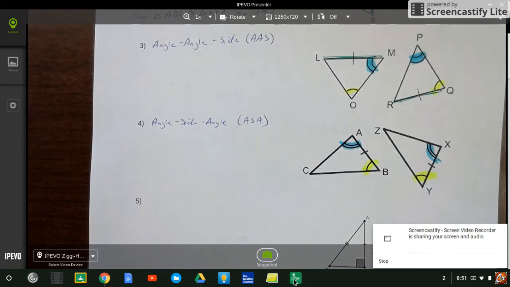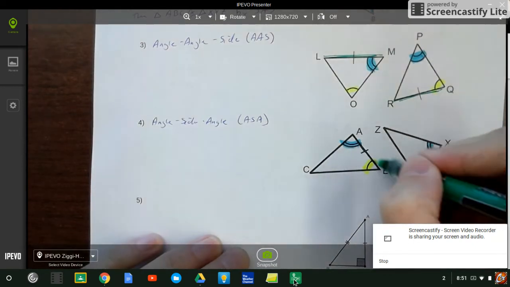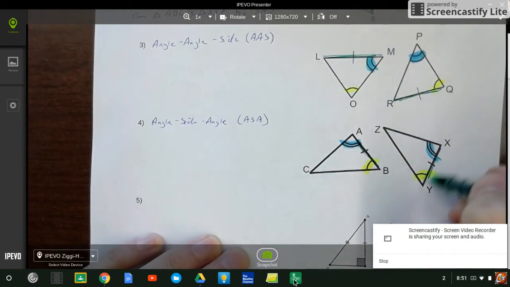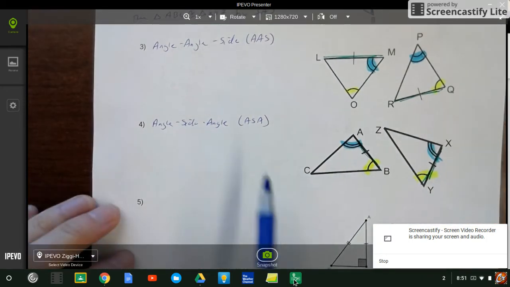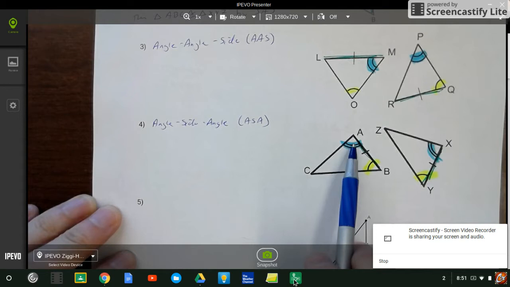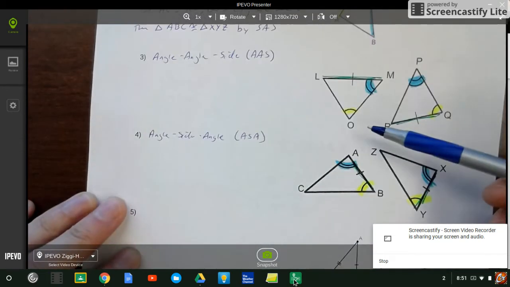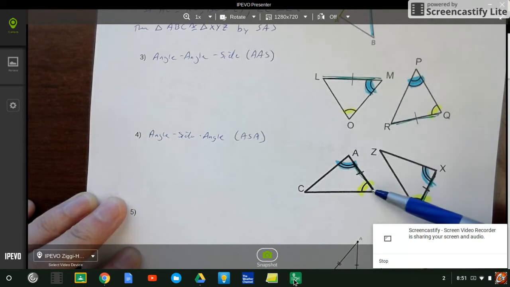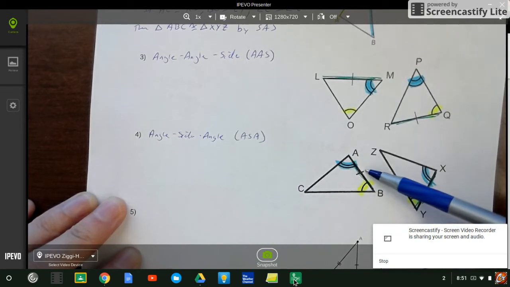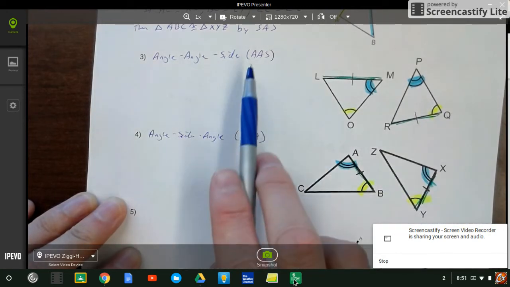This time, though, I do want the side that is in between the 2 angles, okay? The side that the angles share. So that's going to be my angle, side, angle. So make sure you know the difference between these 2. Angle, angle, side, the side is not between the angles. Angle, side, angle, the side is between the angles. That's why we list it the way we do.